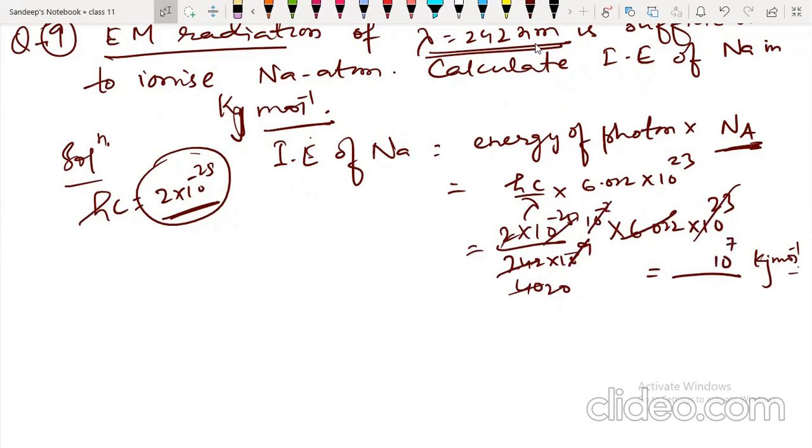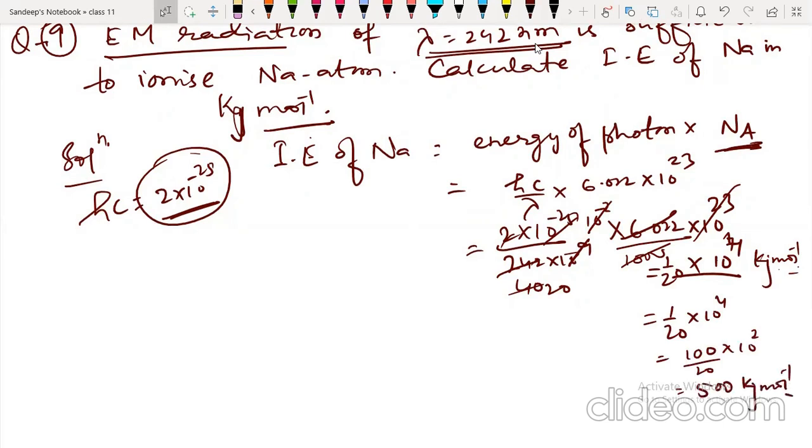And you have to divide by 1000 also, because you are going to get in kilojoules. So this will become 10 to the power 4, and this is 1 by 20. So 1 by 20 into 10 to the power 4, you can write like this: 100 you take here and 10 to the power 2 by 20. So it is nearly 500 kilojoule per mole. Okay. I have taken approximation. So this is nearly 500 kilojoule per mole.